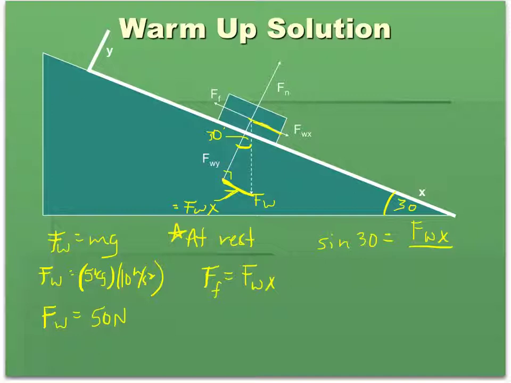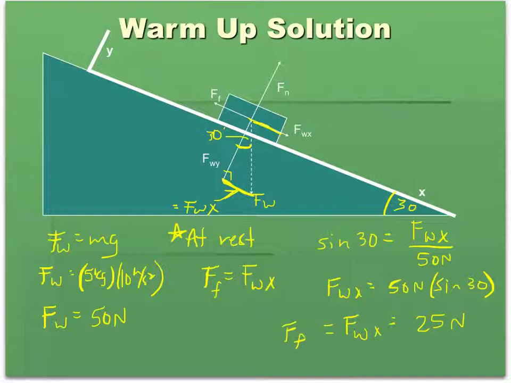The hypotenuse is across from our right angle, so that's Fw, and we know that is 50 newtons. So when I rearrange and solve for this, Fwx is 50 newtons times the sine of 30, or 50 times 1/2, which is going to give me a value of 25 newtons, which we know is also equal to our force of friction.